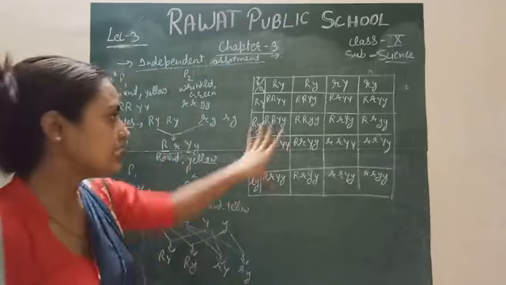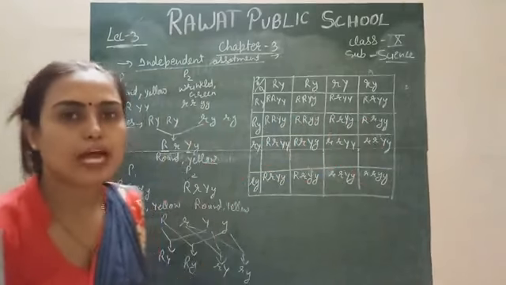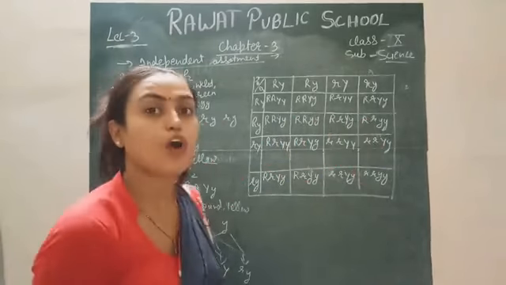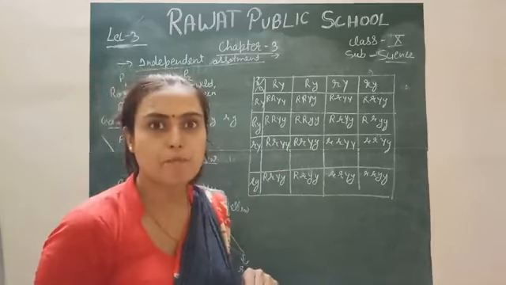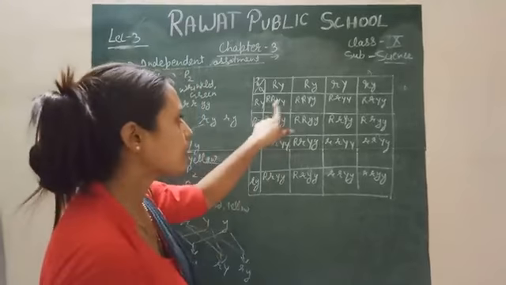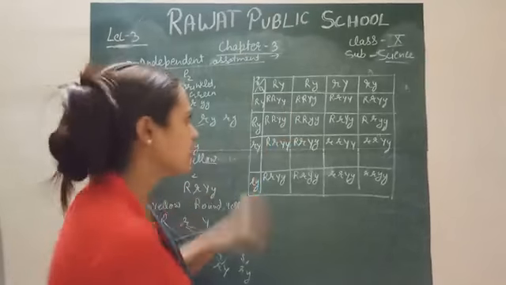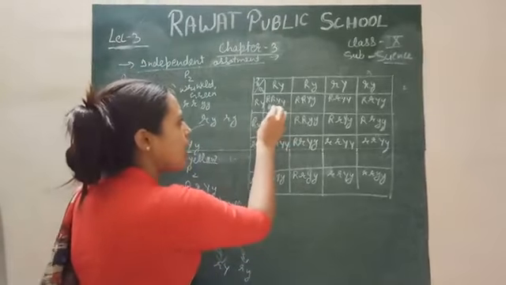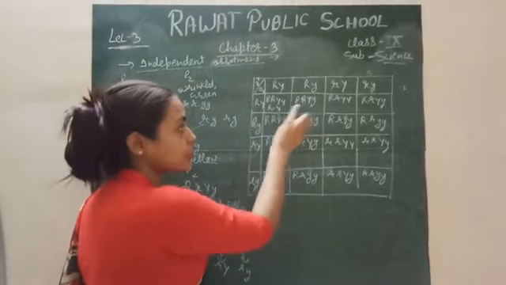Now next step, these are the genotypes simply. Now we will find out the phenotype of these genotypes according to the law of dominance. Here the law of dominance will be applied. First, capital R, capital Y, they are in pair. According to the law of dominance, they will be round and yellow, round shape and yellow color of the seed.